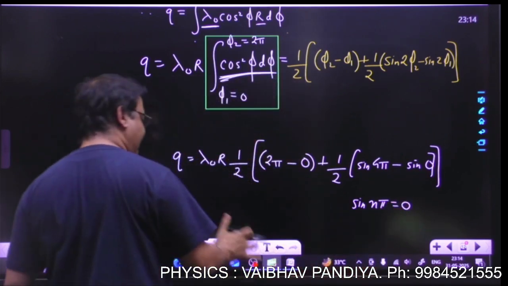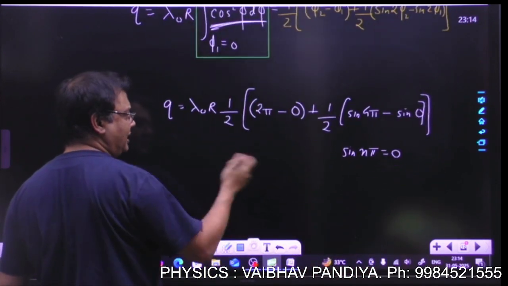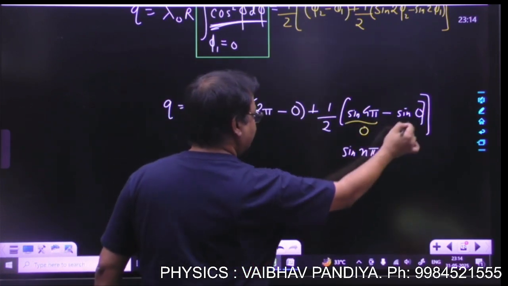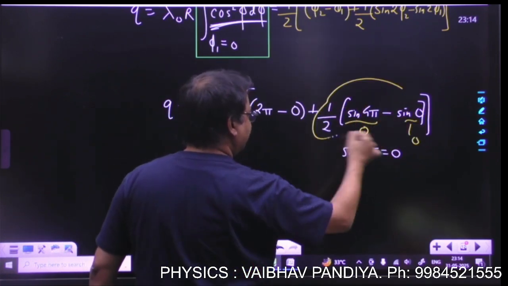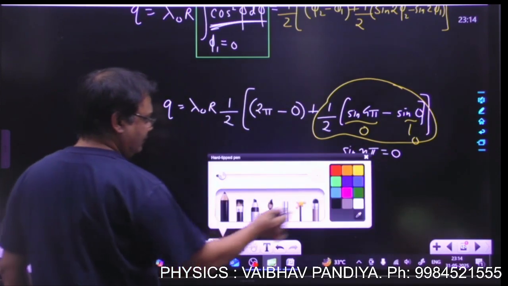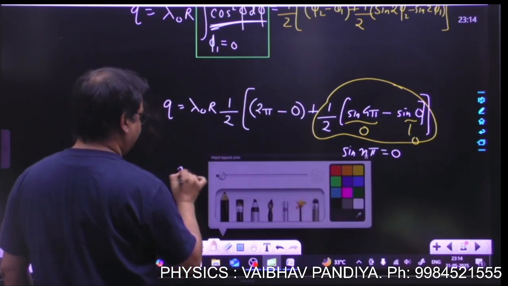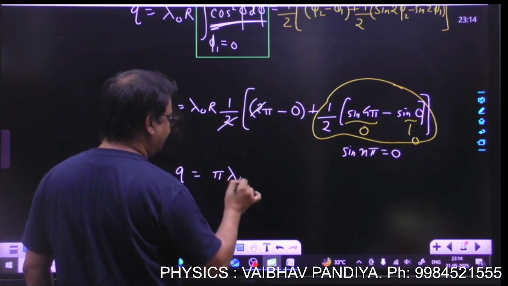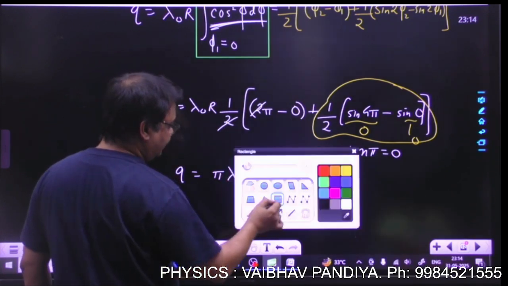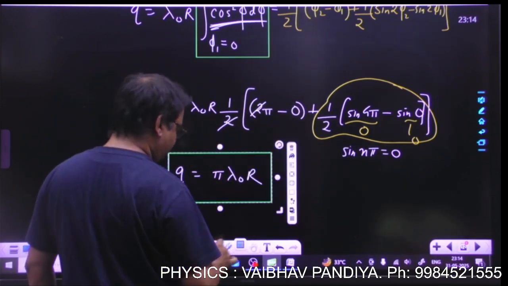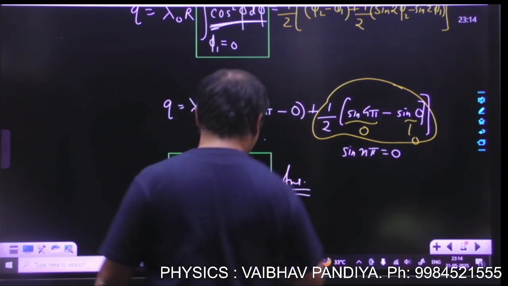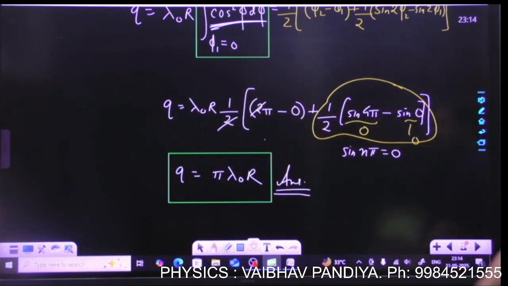So sine 4 pi will be 0, sine 0 will be 0. So this term will vanish and it won't give any contribution. So your q will come to be, 2 will get cancelled away, pi lambda naught r. So this is your answer to this problem. Got it? Pi lambda naught r.